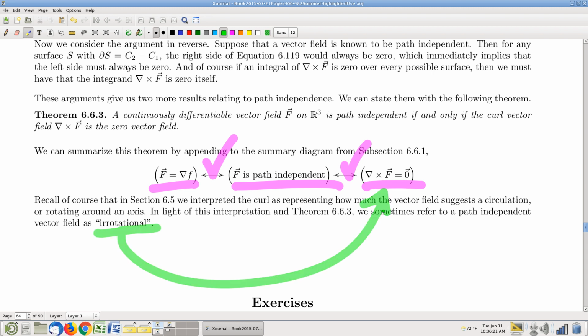So we now have, roughly speaking, 4 synonyms to capitalize on: gradient, conservative, path independent, irrotational. They all mean pretty much the same thing. All right. Everybody on board?